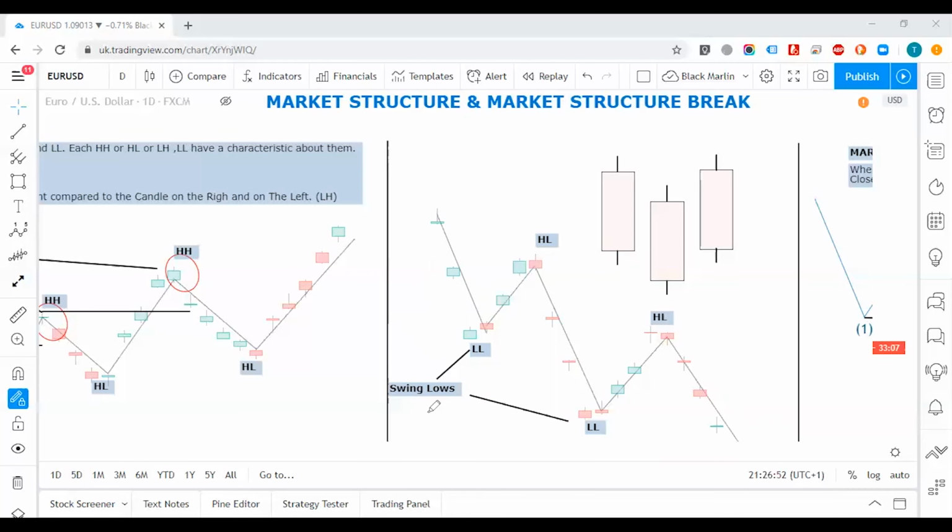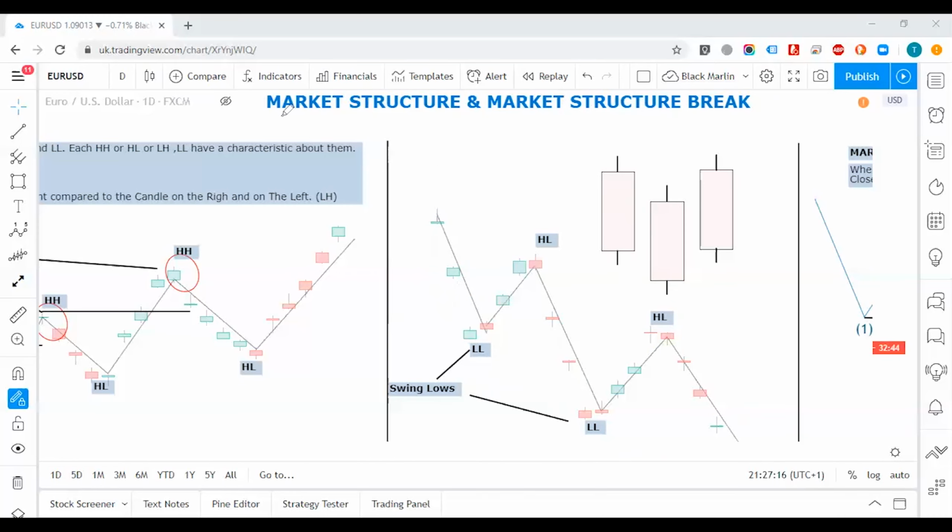Okay. As time goes on, I'll also be showing you some other smart, easy ways to look at swing highs and swing lows without even drawing lines, just by observing your candles. Okay. That will be coming in subsequent lessons, or if you join the main group.